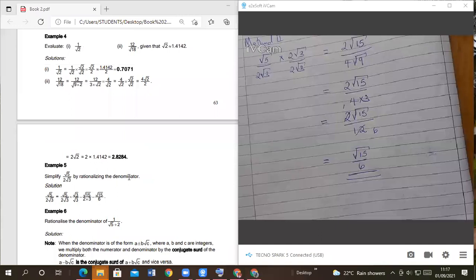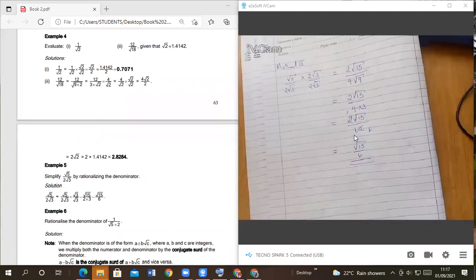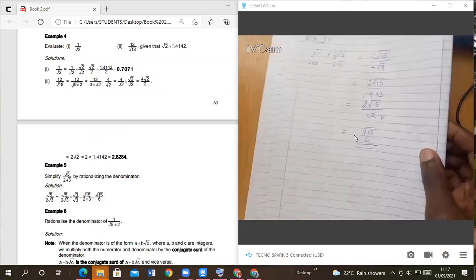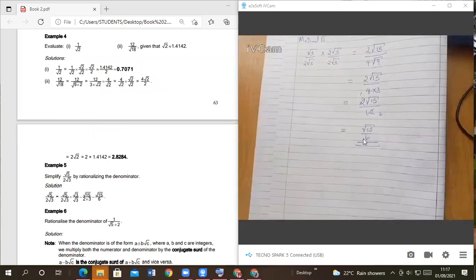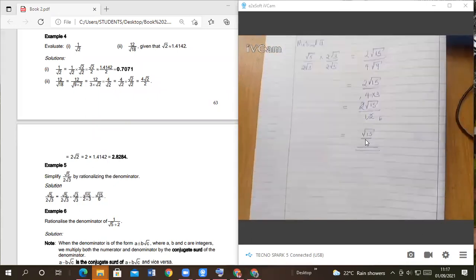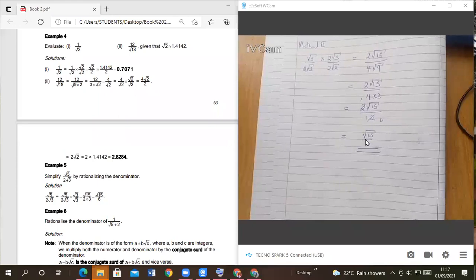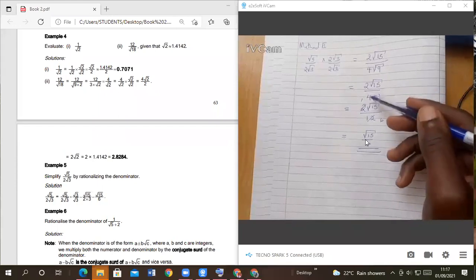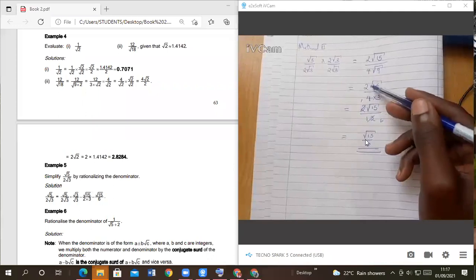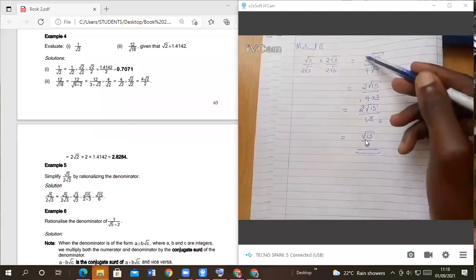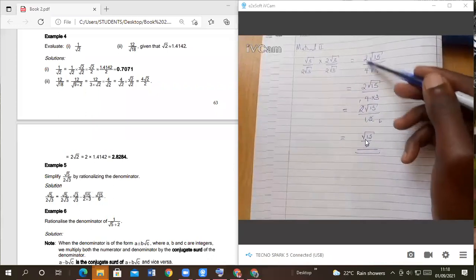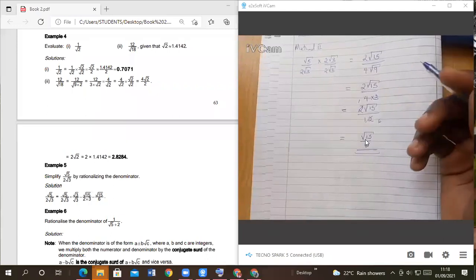That is how we rationalize when we have only one term. If we cancel from 2 root 15 over 4 root 9, you still get the answer, as long as you keep on simplifying.